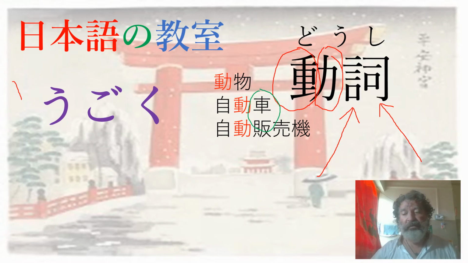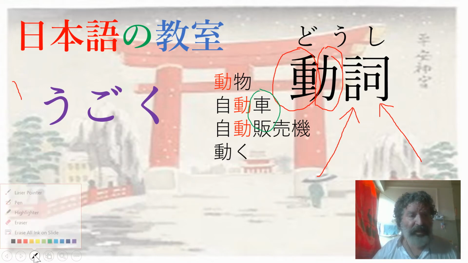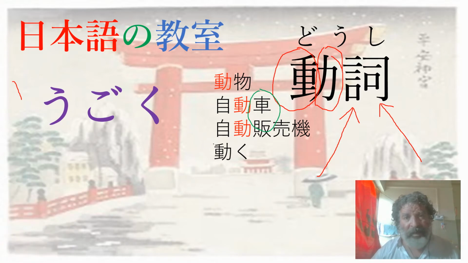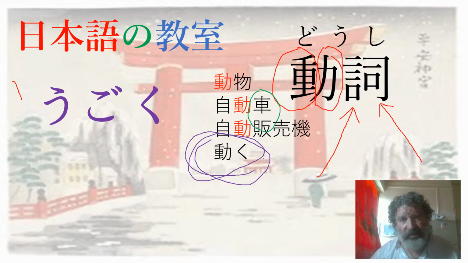So, to move something is ugoku. And here's how it's written normally. I think I'll get out my pen one more time. We'll choose purple, and we will circle that baby. And we will put little arrows to point to the kanji.